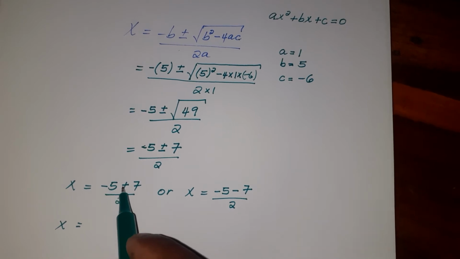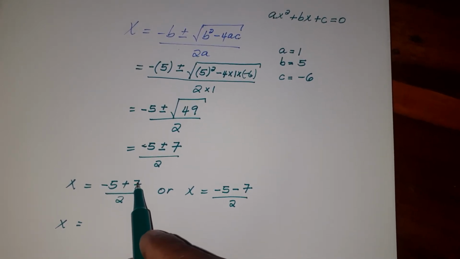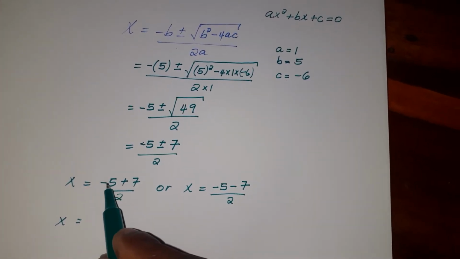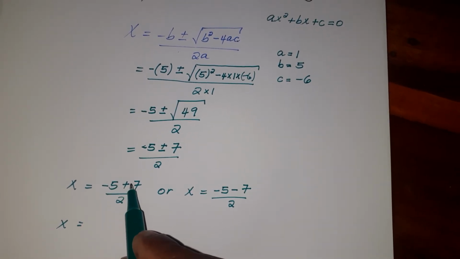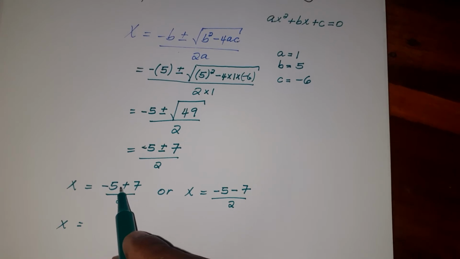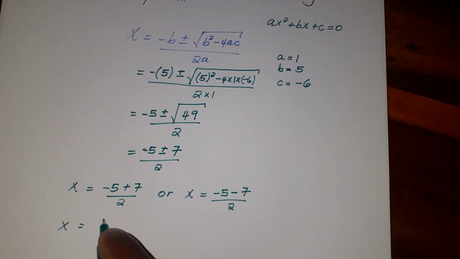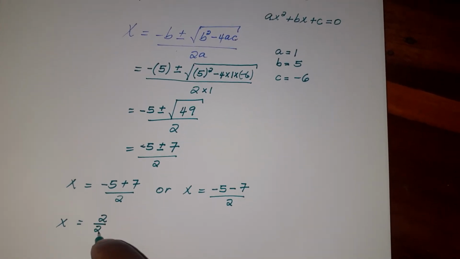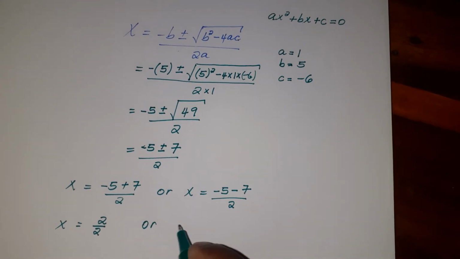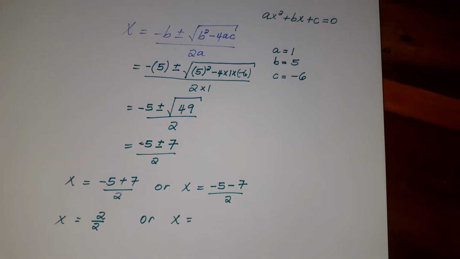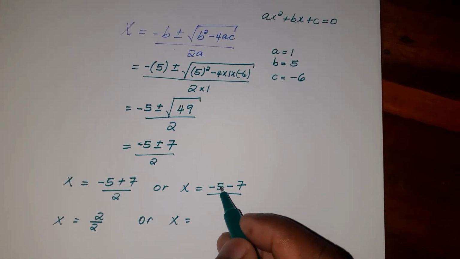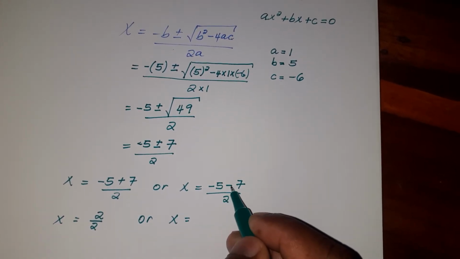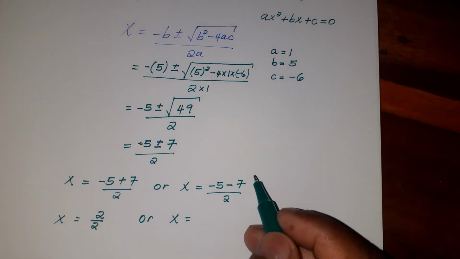Now we can go ahead and simplify this. Negative 5 plus 7 is the same as saying 7 minus 5, which gives us 2, and then we keep the sign of the big number, which is positive 2, and then over 2, or x equals, in this case all the numbers are negative. That means we add these two numbers and keep the same sign, which is negative.